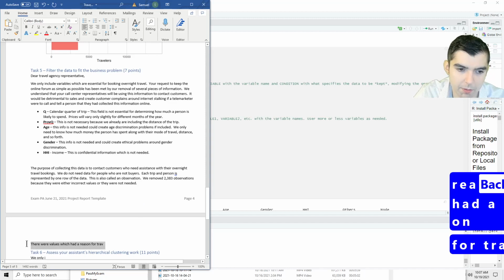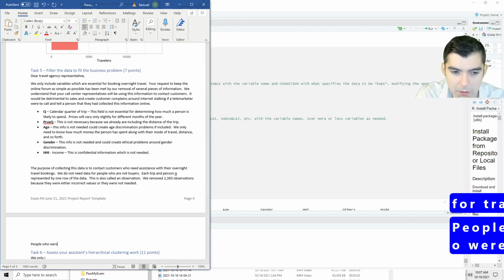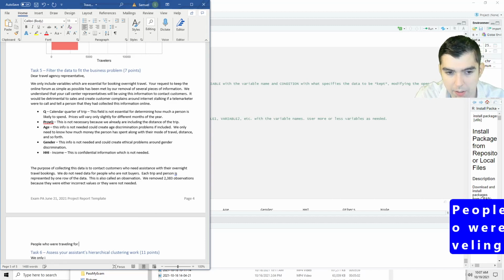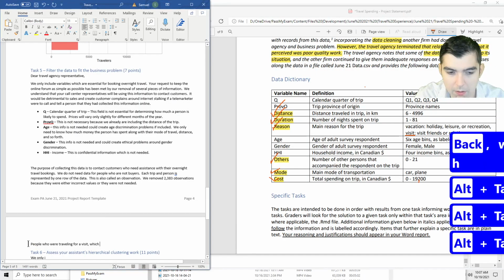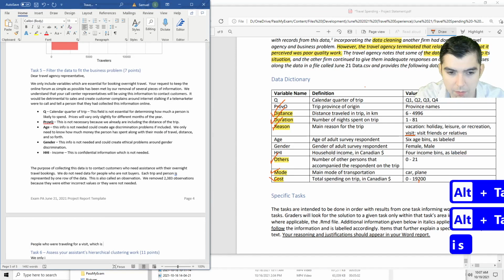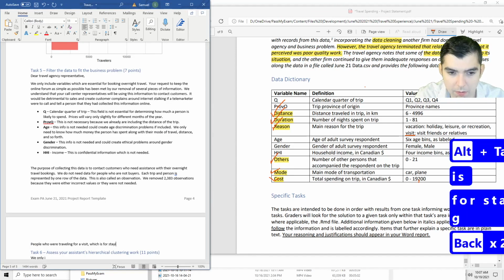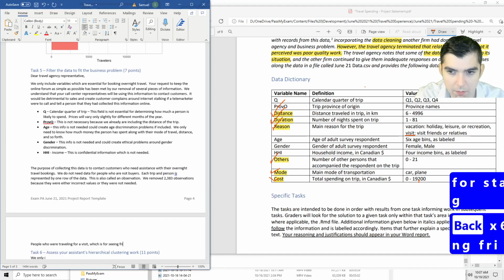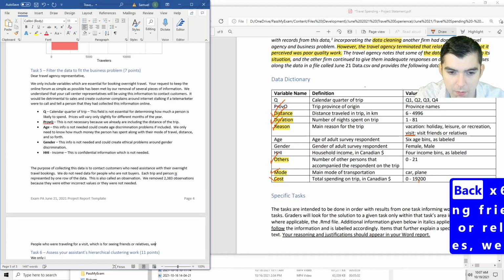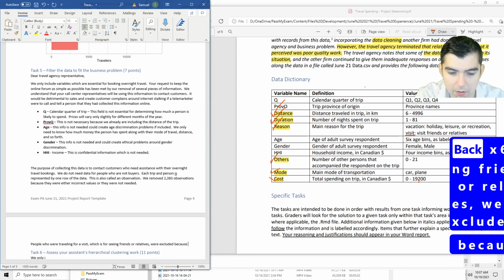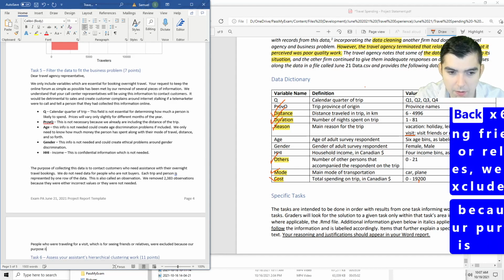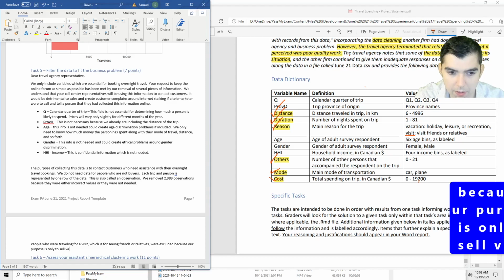People who were traveling for a visit, which would be for staying or seeing friends or relatives, were excluded because our purpose is only to sell vacation travel services.